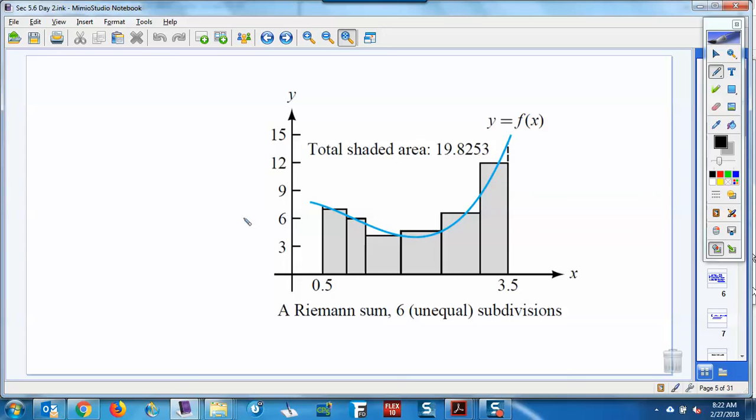So if we kept cutting these in half and half, and cutting these and cutting these, wouldn't we eventually have an infinite number of rectangles? Couldn't we go towards infinity? We could keep doing that while this fat one just sat here and didn't move.